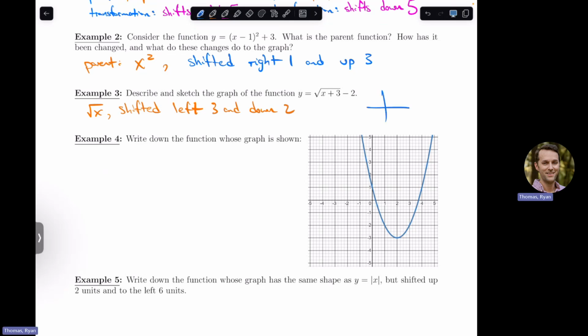It says sketch it here, so give me 1 point on the graph of that. 0, 0. If we move left 3 and down 2 it ends up at -3, -2. And then something along those lines, right? Anytime I say sketch something, I'm not trying to be real precise there. Obviously, I'm just drawing a tiny one, but it looks something like that. Okay, 4.